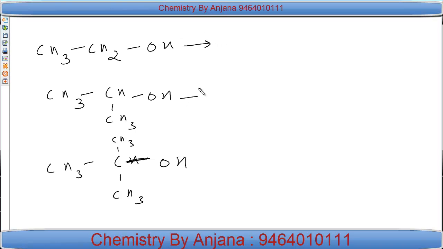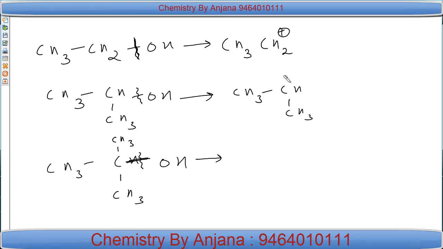What happens is, in this type of reaction, according to the mechanism, the very first step is that the C-O bond breaks. This CO bond undergoes cleavage, which results in a carbocation. So in the first case, the carbocation formed is a primary carbocation. In the second case, the carbocation formed is a secondary carbocation. And in the third case, the carbocation formed is a tertiary carbocation.